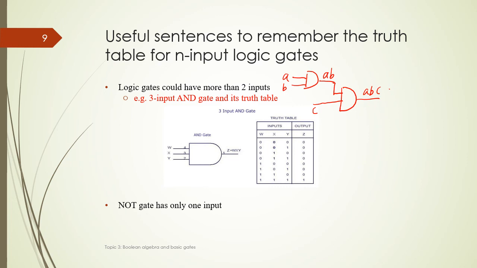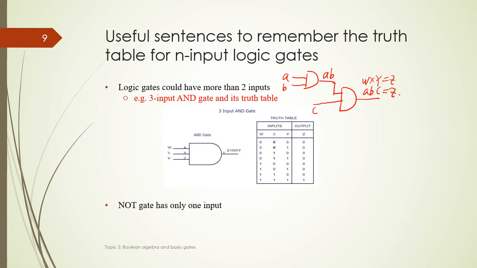So using our analysis to find out the truth table, we will get the truth table looking like this. See if this is equal to the function Z, then we change ABC to WXY. Okay, we have this truth table here, and we can do a similar thing to other gates.